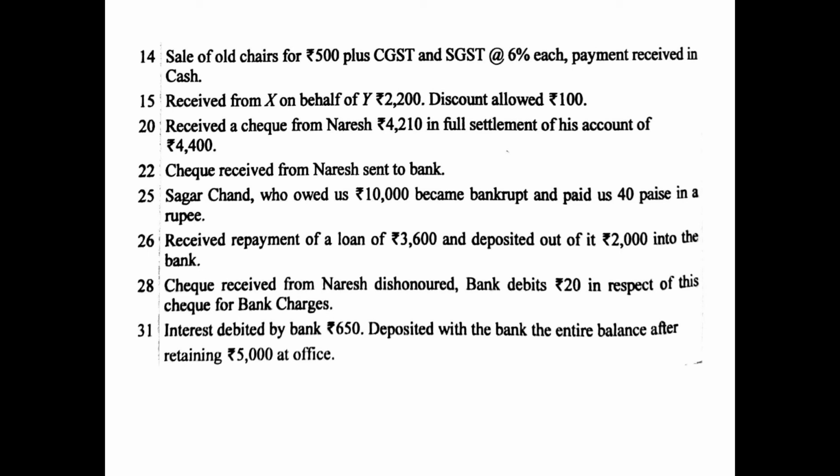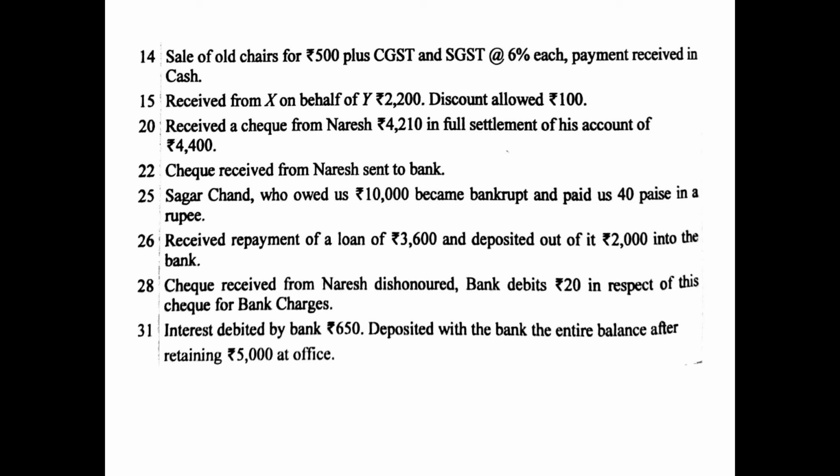This is received and no information is mentioned, so we will assume that these are received in cash. So on the receipt side we will write to Sagar Chand and the amount of 4,000 will be written in the cash column.